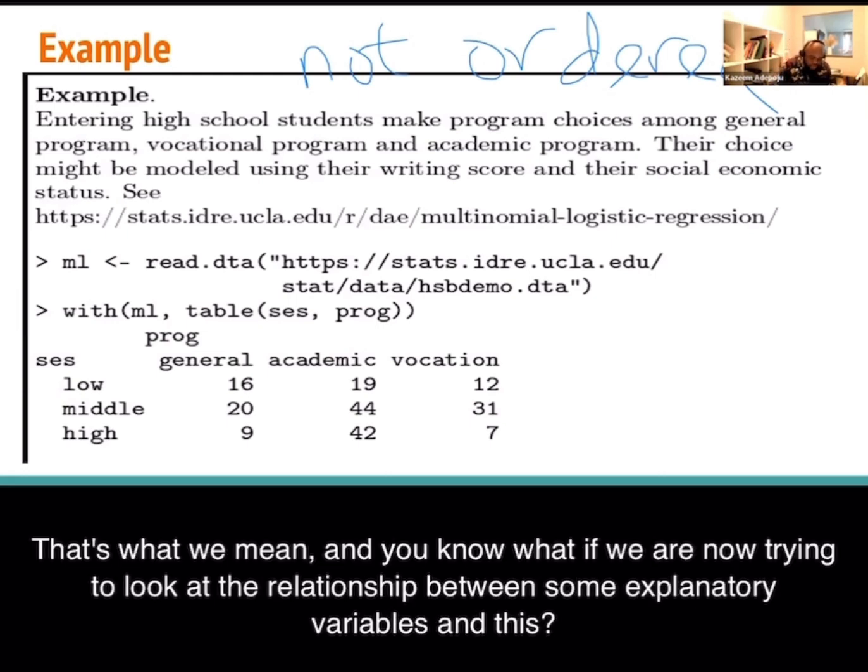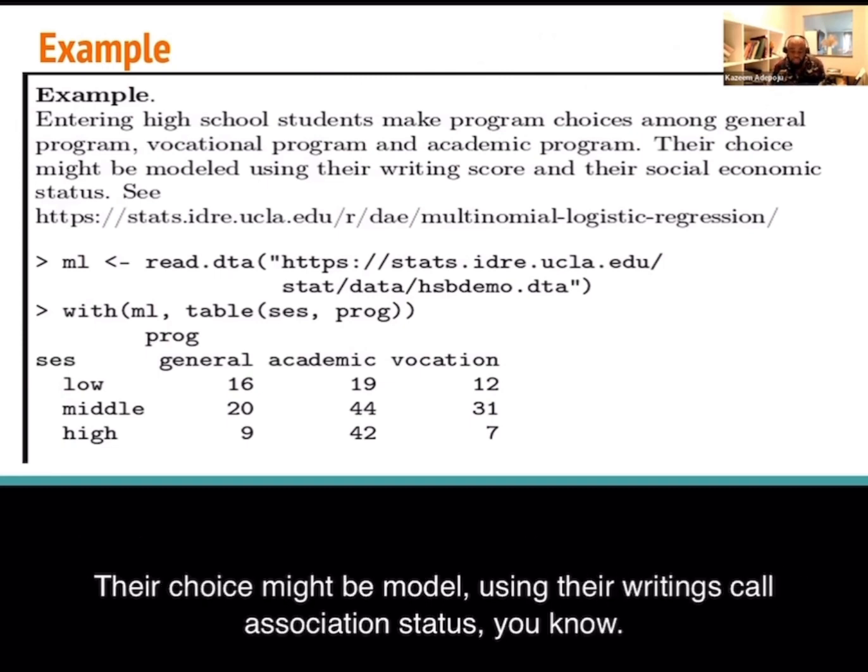If we're trying to look at the relationship between some explanatory variables and this, then we're going to use a multinomial logistic model. Their choice might be modeled using their writing score and socioeconomic status.